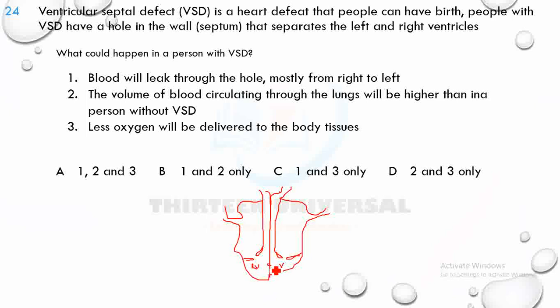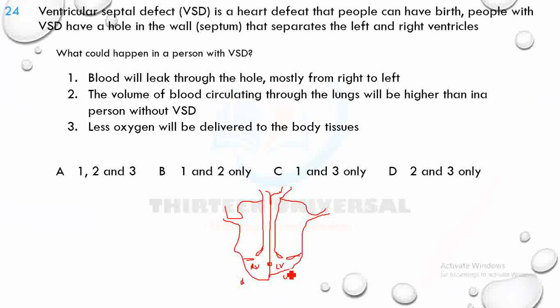The left ventricle has a thicker wall than the right ventricle, and the left ventricle pumps oxygenated blood while the right ventricle pumps deoxygenated blood. The one that has the thicker wall will generate more pressure. So when both of them contract, which direction should blood flow? Will it move from right ventricle to left, or from left to right? It's going to move from left ventricle to right, because the left ventricle has thicker walls and more pressure.